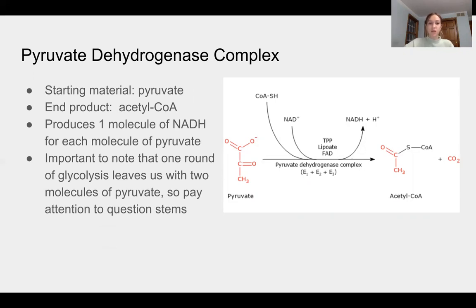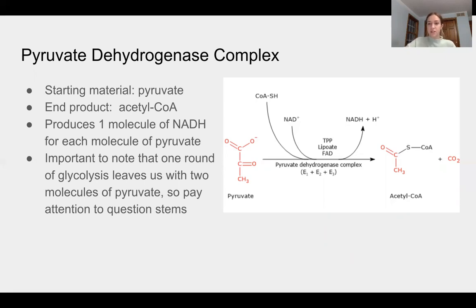It goes through a complex of 3 enzymes, which we'll go over a little bit later. The end product is acetyl coenzyme A, which is what is fed into the Krebs cycle. We're basically converting this pyruvate to something that can be used by the Krebs cycle to generate more energy products. The PDC produces 1 molecule of NADH for each molecule of pyruvate.